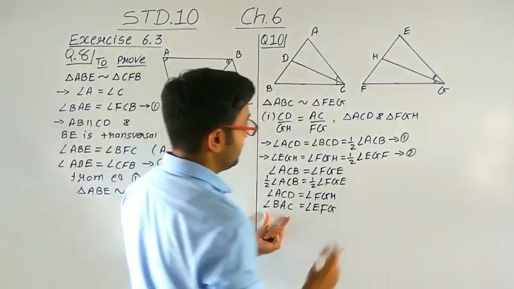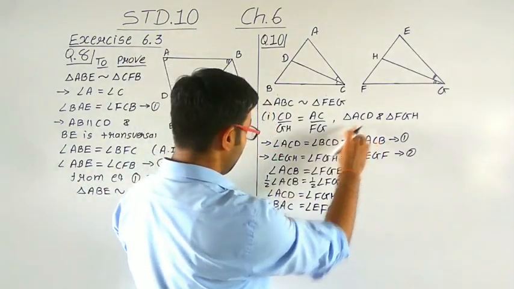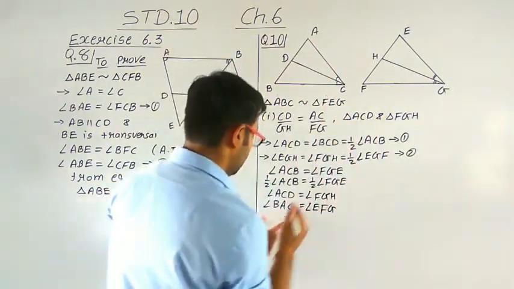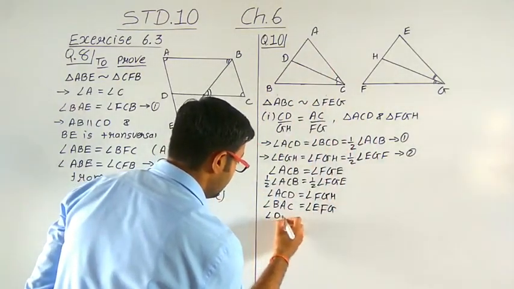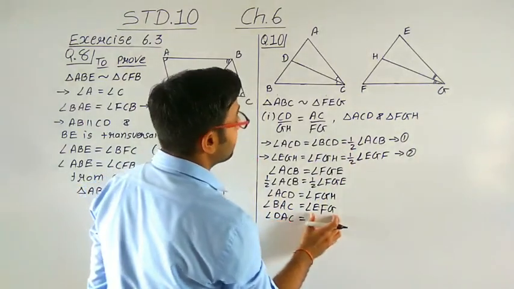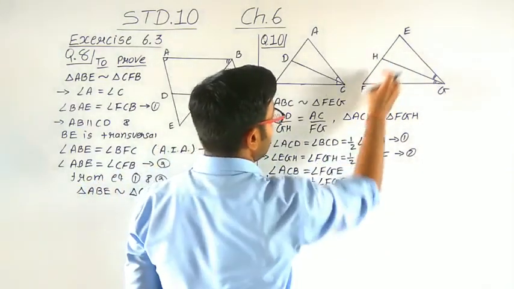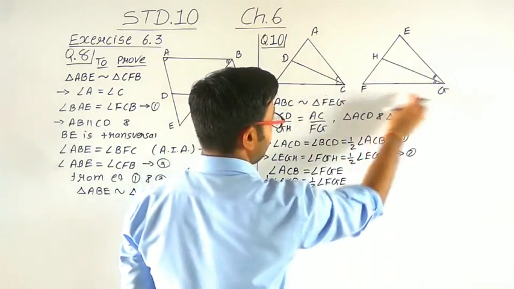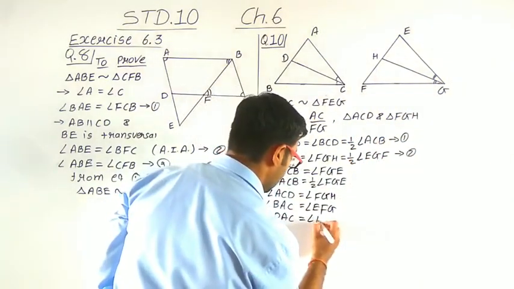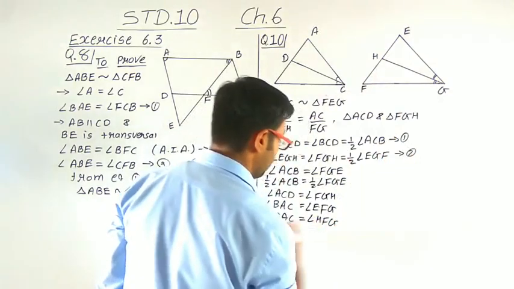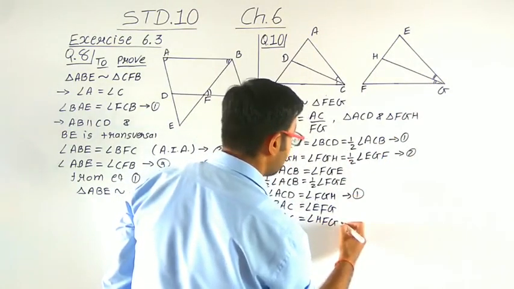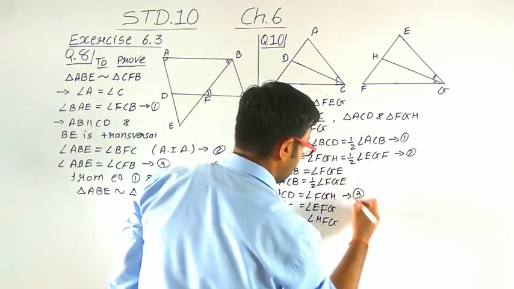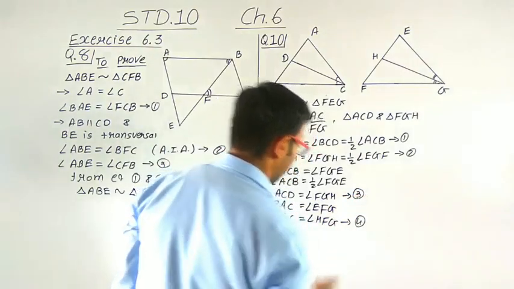Right? But instead of BAC we require DAC, and instead of EFG we write HFG. Give it equation number 3 and equation number 4.